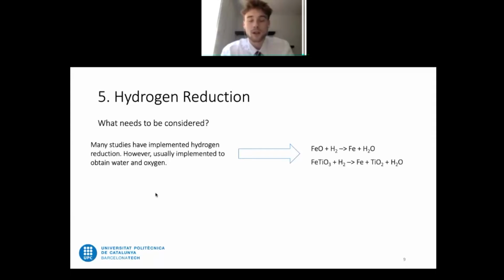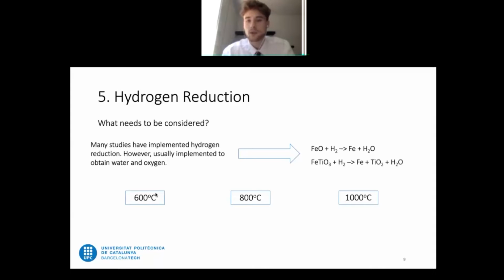In regards to ilmenite, there's titanium dioxide as well. When referencing the previous studies that were researched throughout this project, it was decided that 600 degrees Celsius, 800 degrees Celsius, and 1000 degrees Celsius were the three temperatures that were going to be used within this study.